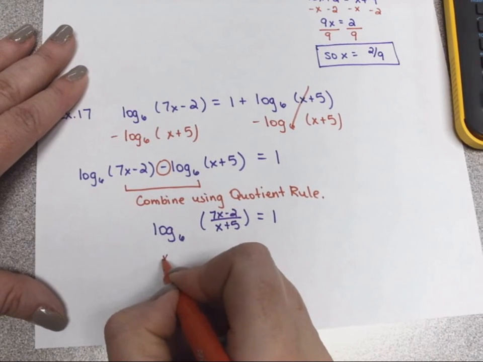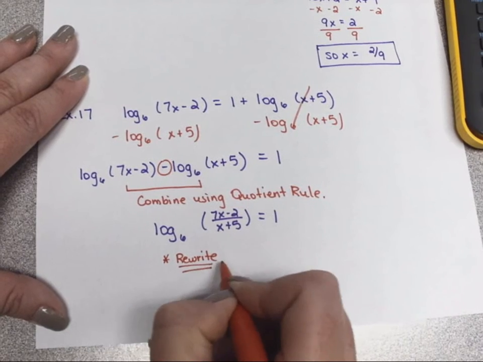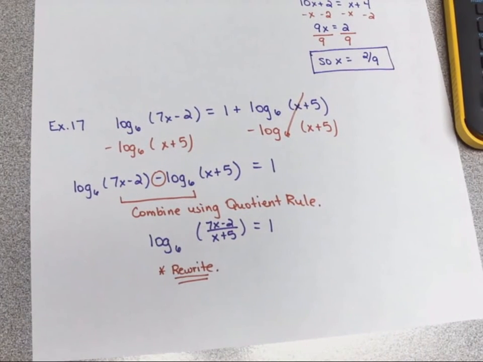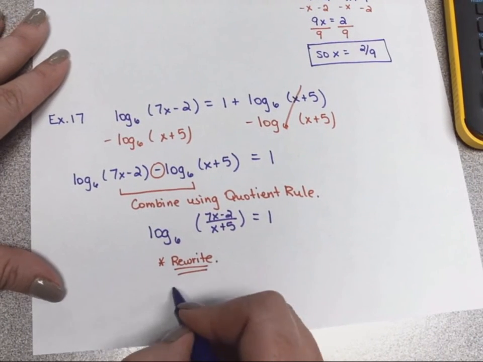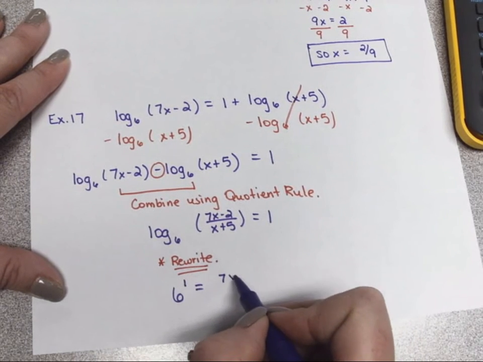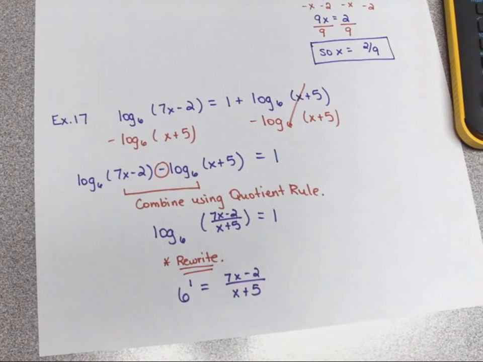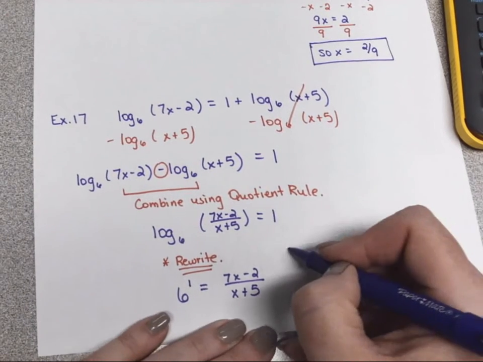So don't forget this step. Anytime you have a log equal to a number, rewrite it. Okay? And how you rewrite it is base to the answer power equals the other thing. So I'm going to rewrite this over here.